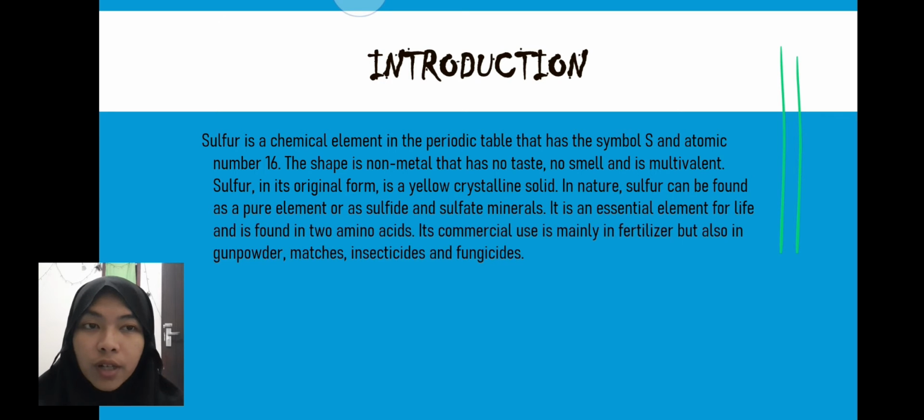In nature, sulfur can be found as a pure element or in sulfide and sulfate minerals. It is an essential element for life and is found in 2 amino acids. Its commercial use is mainly in fertilizer, but also in gunpowder, matches, insecticides, and fungicides.